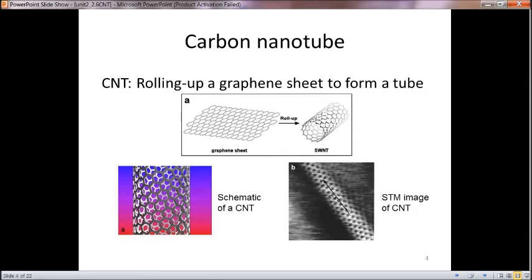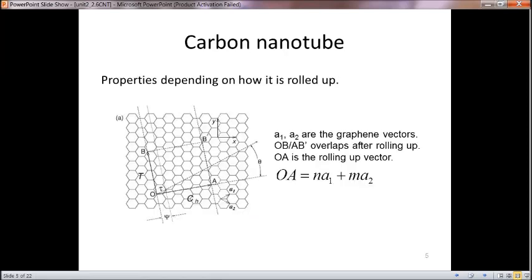Carbon nanotubes have different properties, and these properties depend on how the sheet is rolled up. It is in a lattice structure. The graphene layer has particles in a lattice structure, so it has to be described with vector components.